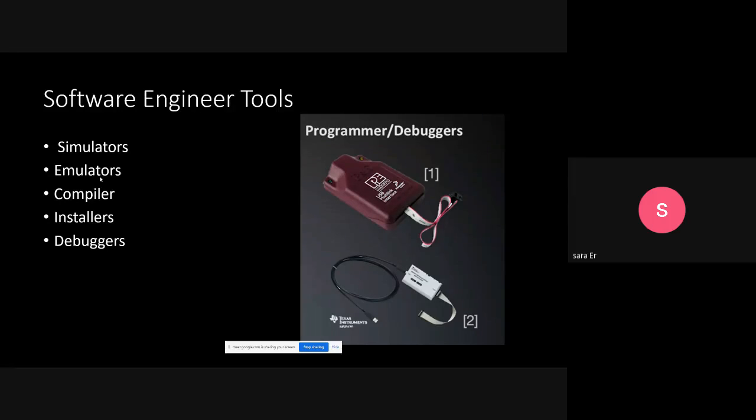Because of the cost, we first simulate everything, and after we are 100% sure that all functionality is working and there isn't any problem in our design or software, we send our project to the manufacturer for production.